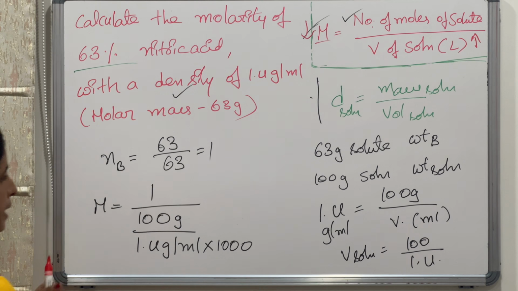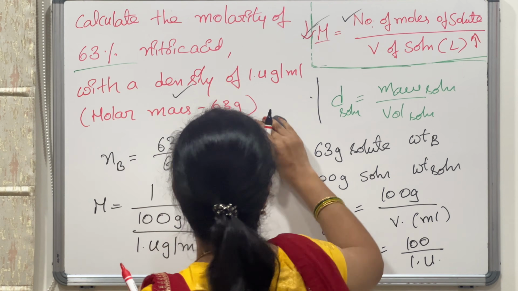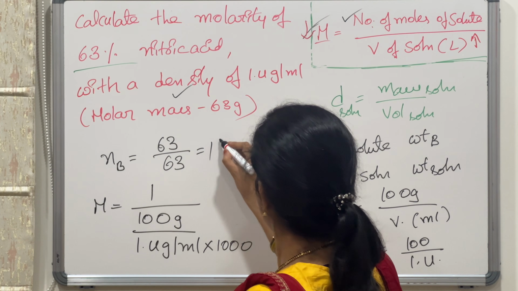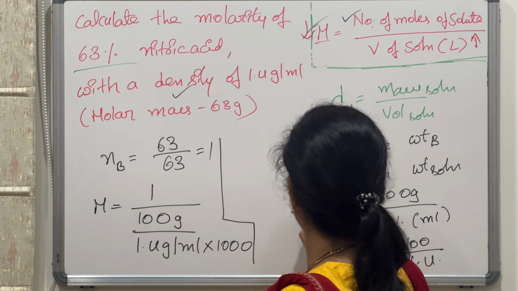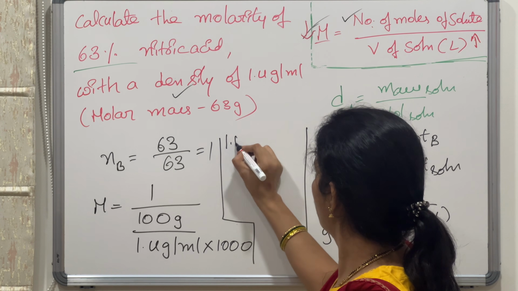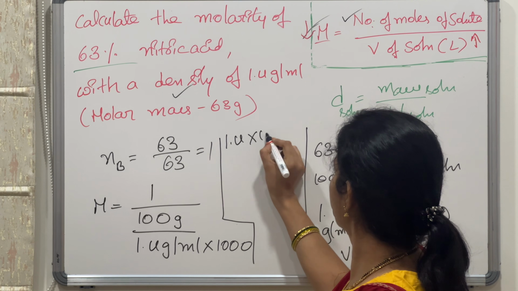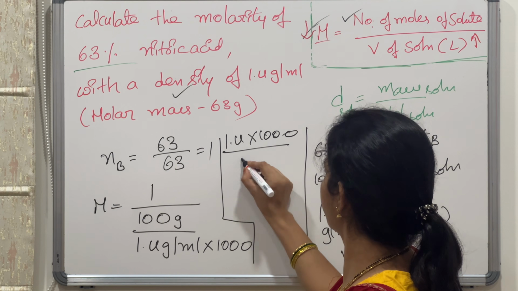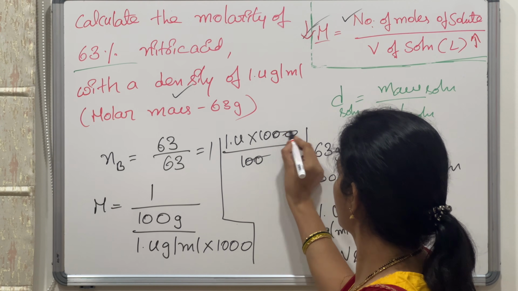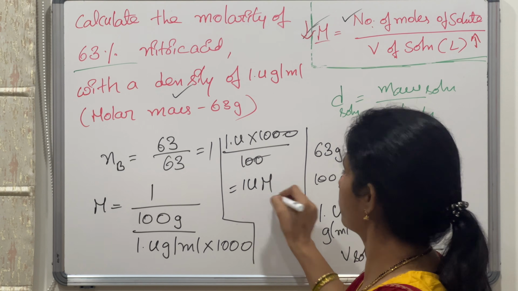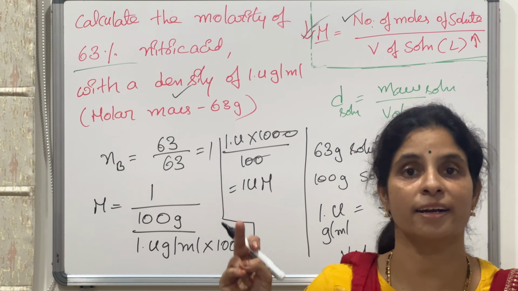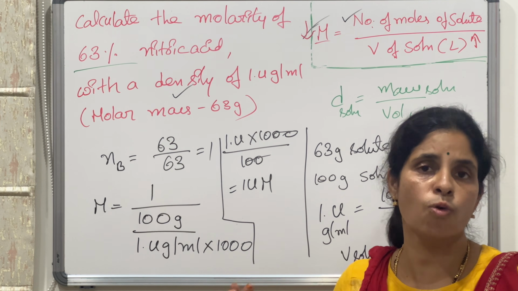So what will you get? 1.4 into 1000 divided by 100. It is 14 molar.